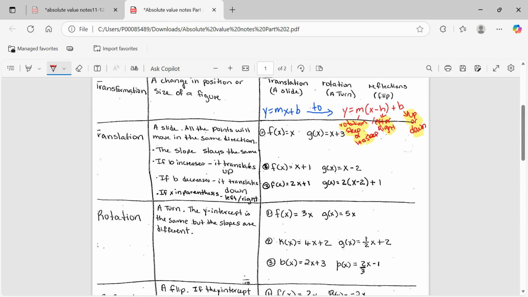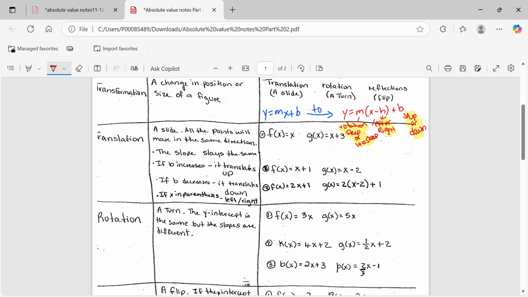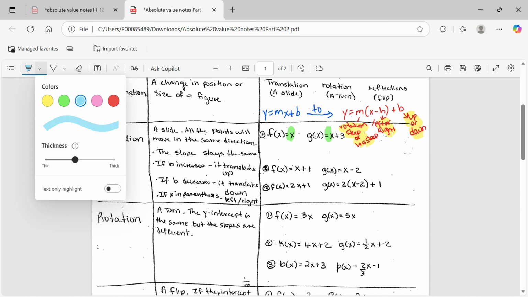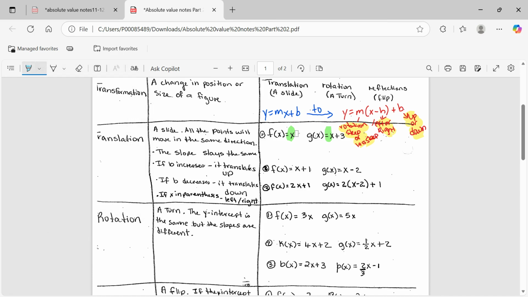So let's break these down. If I look at number one, I'm going to go from f of x to g of x. f of x is x, and g of x is x plus 3. So first you want to look at your slope. Is there a change in the slope in front of the x? The answer is no, because it's just a 1 and that's a 1. There is no change. The next thing we're going to look at is inside the parentheses.